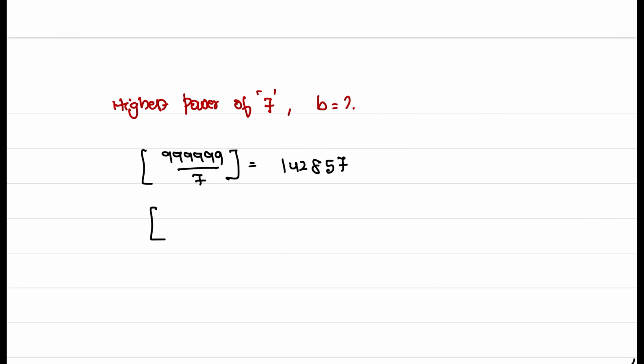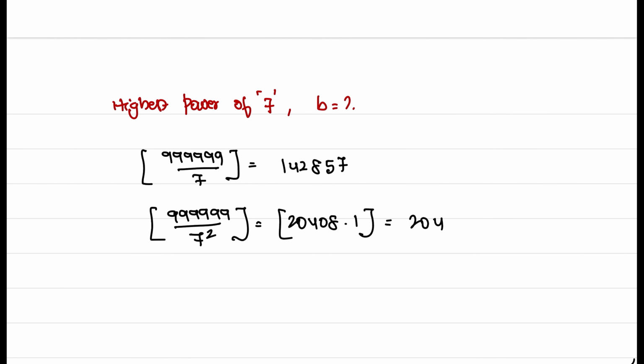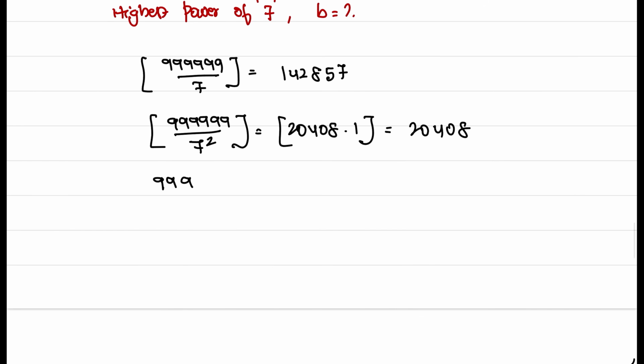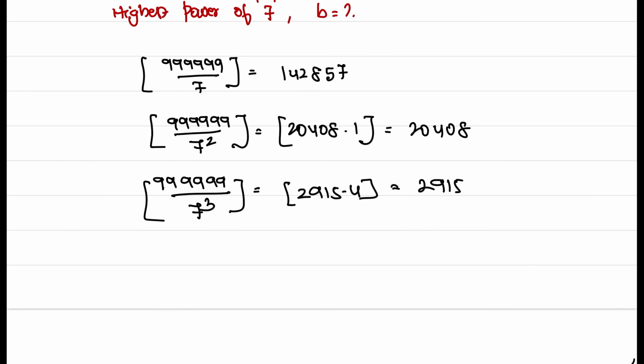Then this divided by 7 again. 999999 by 7 square, that is equal to 20408.1. Greatest integer, that is equal to 20408. Now 999999 by 7 cube. Greatest integer 2915.4. Greatest integer is 2915.